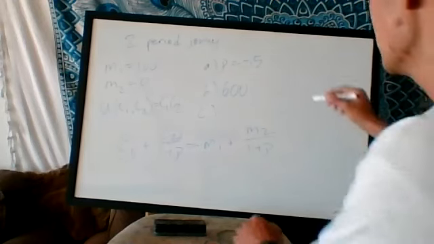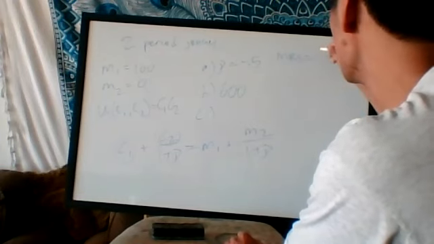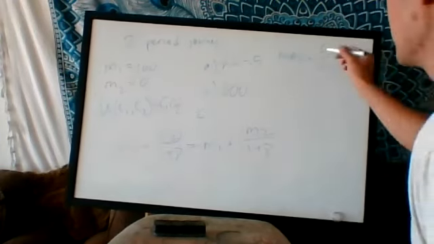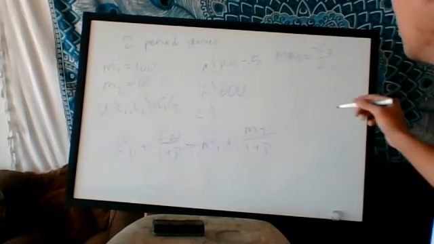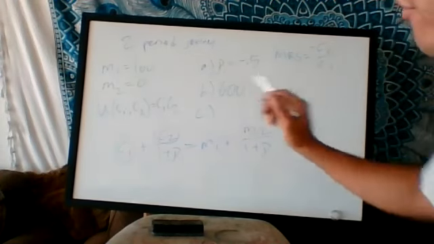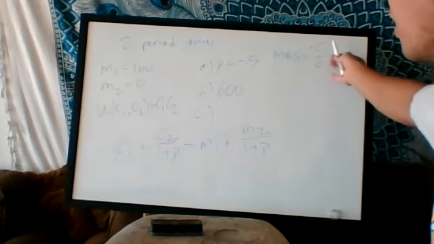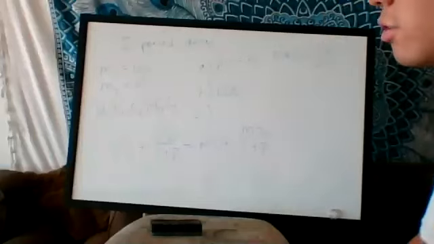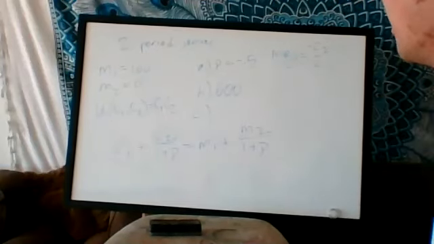So in this case, the MRS was equal to C2 over C1, technically negative, which is just an extra detail. We first have to check that we have diminishing marginal rate of substitution, which you can see that we do, because as C1 increases or as C2 decreases, this value is going to go down.